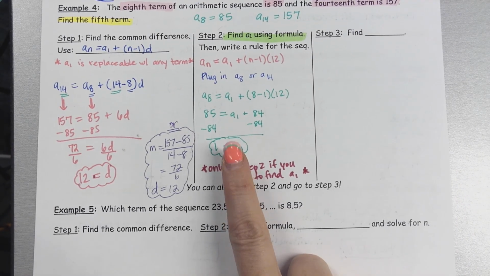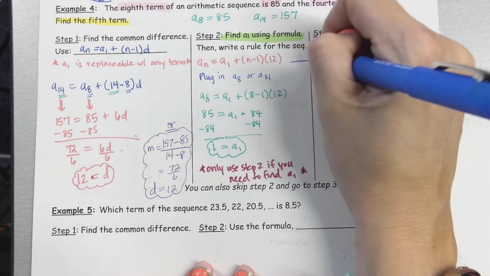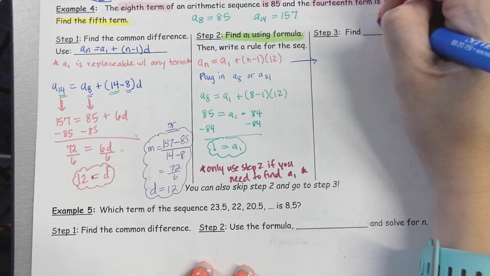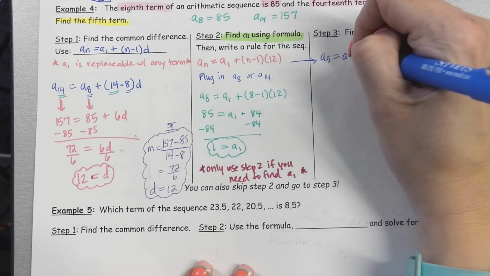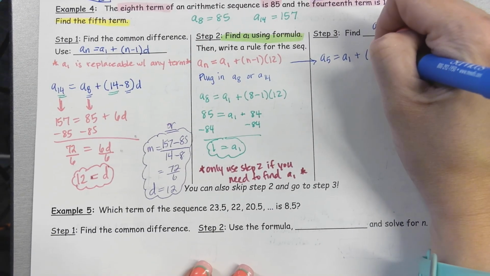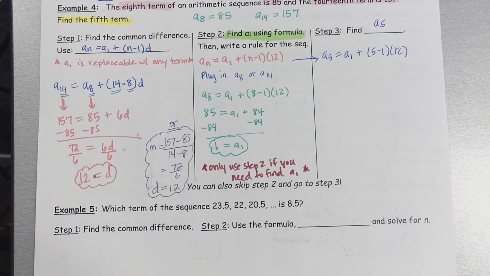If you do step 2, then when you go to step 3, if you use this, then when you're finding a sub 5, you can use the a sub 1. And that's because you already found a sub 1.